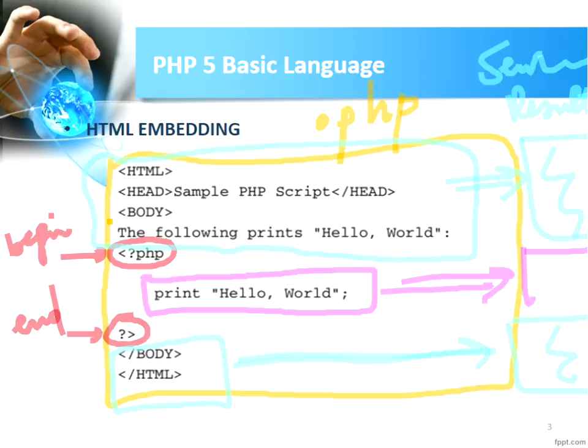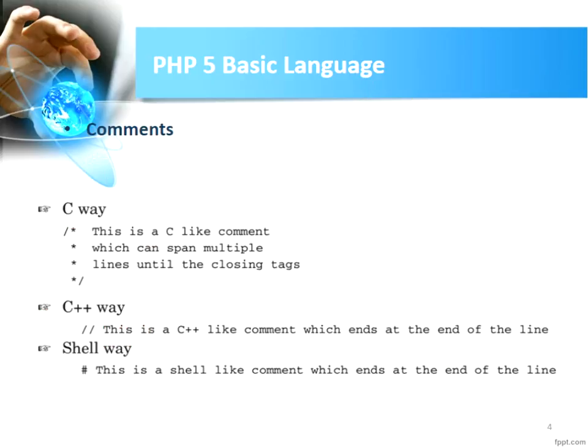Yes. Good. After that, all the PHP code here, and the result will be the execution of this PHP code. For example, here the execution will be hello world. We will print hello world.